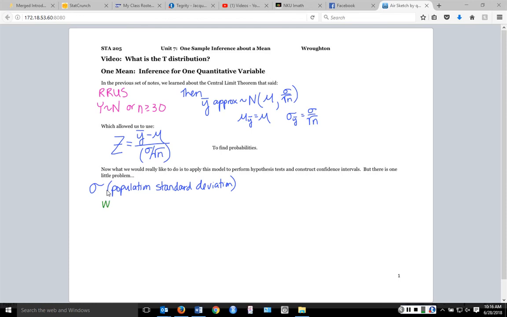So let's think about when we perform a hypothesis test. When we do perform a hypothesis test, we will have a rough idea for our population mean mu.